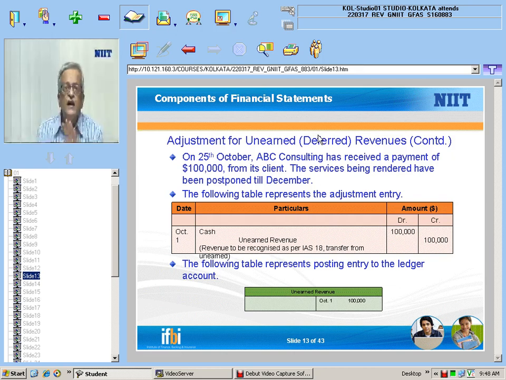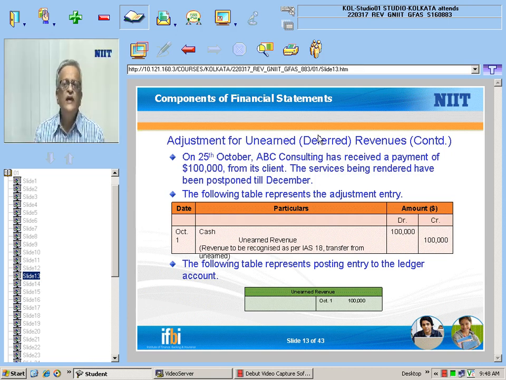So what will the company do? Debit cash, credit the liability account, unearned revenue. So you can see the accounting: debit cash, credit unearned revenue, 1 lakh.